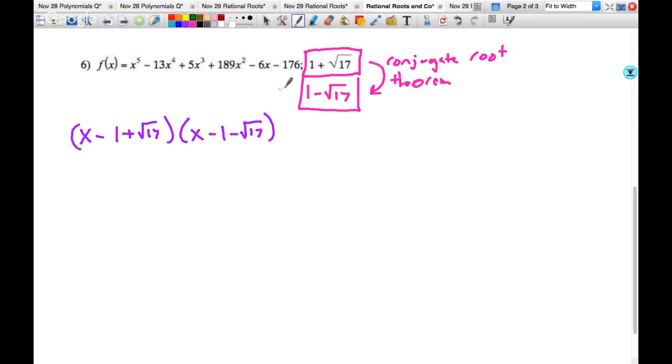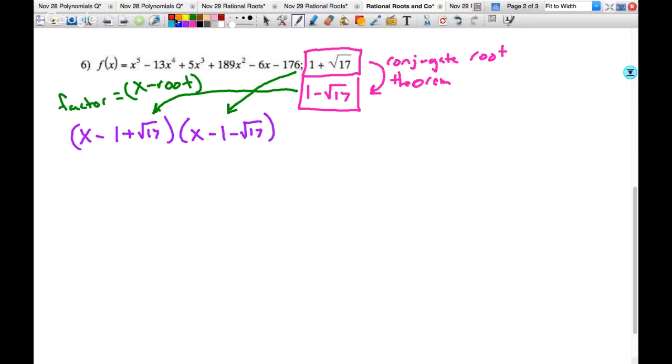That's because I can get a factor by just taking a root and subtracting it from x. So x minus root equals factor.